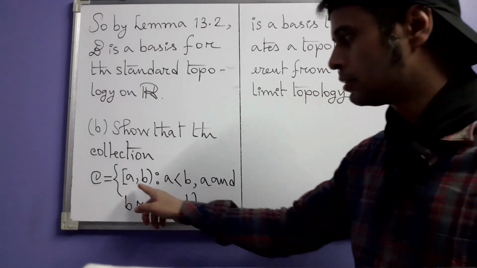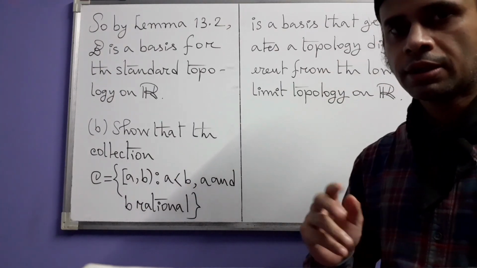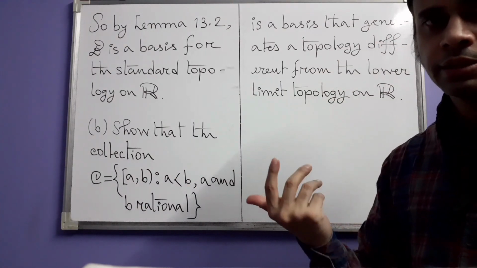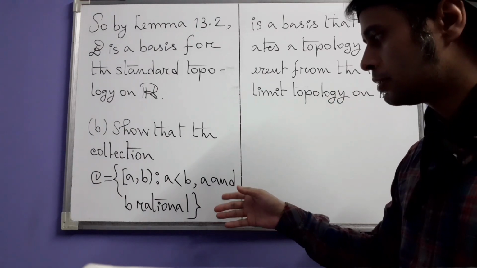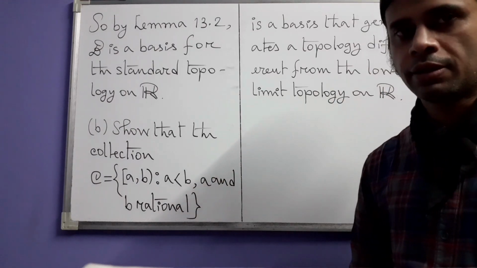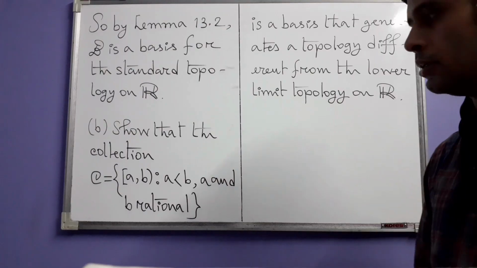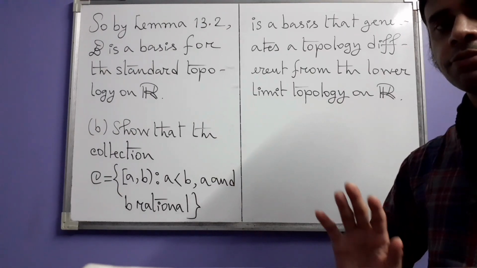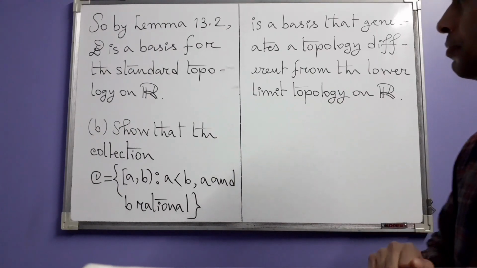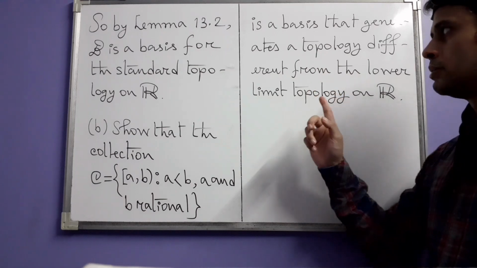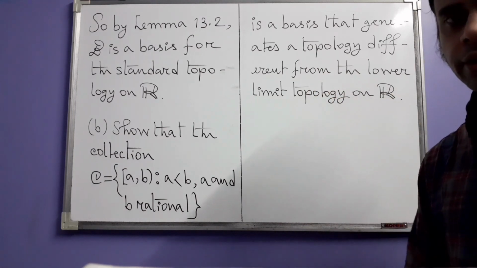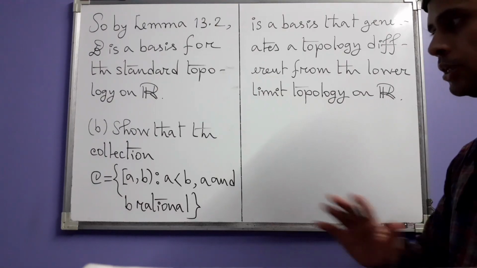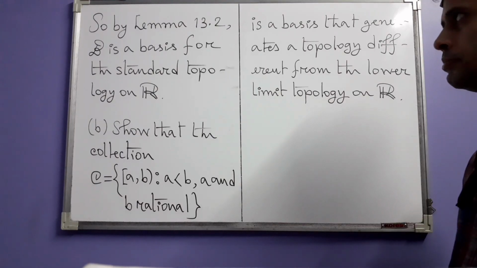There, however, the boundary points of the intervals are any real numbers where a is less than b, a comma b. But in this collection, they are additionally rational, like the collection B in part A. This is also a basis for some topology on R, but that is not the lower limit topology. It is something different from the lower limit topology.